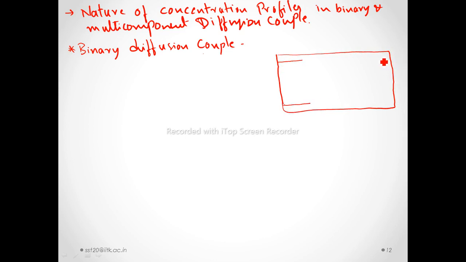The concentrations remain constant at the ends, and it varies like this.